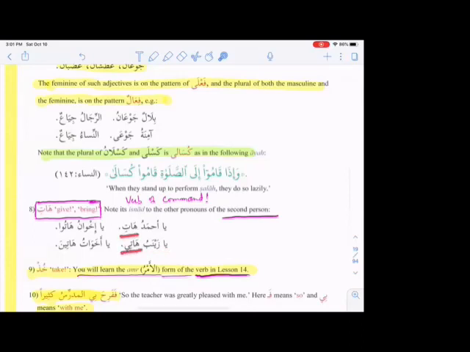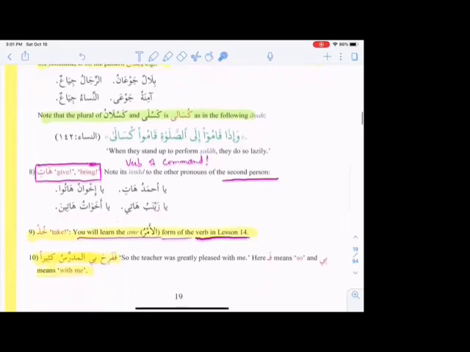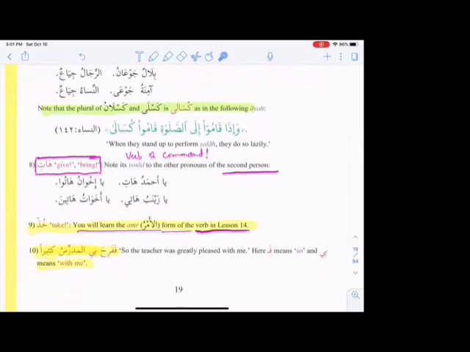Ya Ikhwanu, masculine plural, Hatu. And then Ya Akhawatu, Hatina. Just remember that, my brothers and sisters. Not difficult, because when it comes, you will be able to take it and understand it, inshallah.